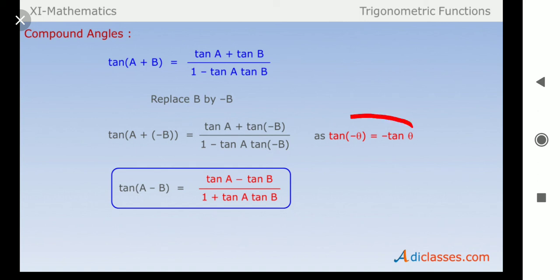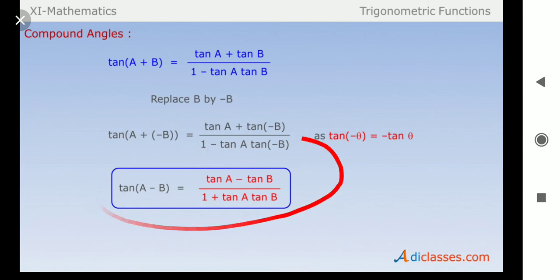This is the formula we have already studied: tan of minus theta is minus tan theta. So I have written tan A and minus tan B. Again minus comes out, so minus plus becomes plus here. So this is the result: tan(A-B) equals tan A minus tan B by 1 plus tan A into tan B.